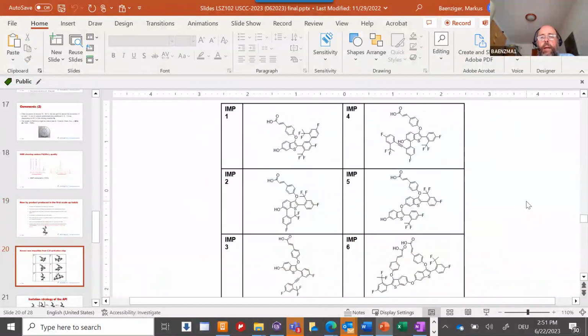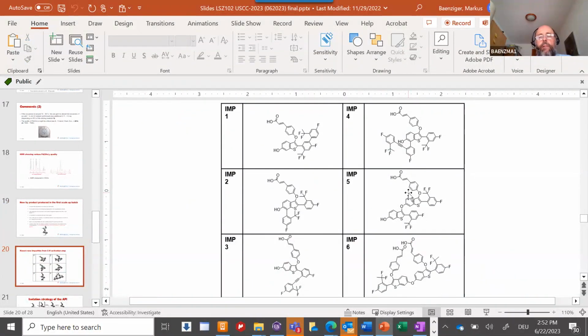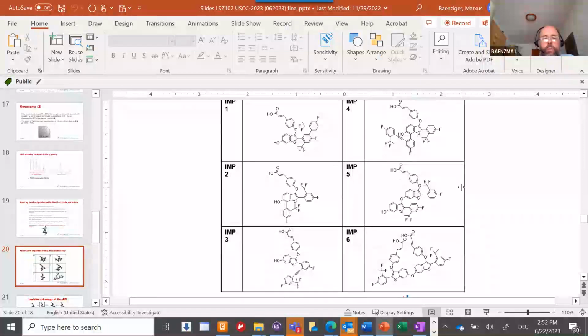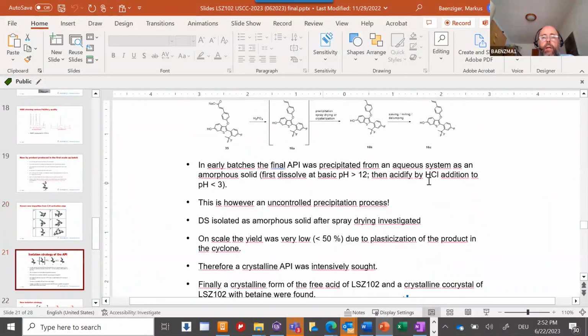We found several impurities in this step, but they could all be removed to uncritical levels, especially during these two crystallizations of the dicyclohexylamine salt and the monosodium salt. So they were all under control and were below 0.2 or 0.1% area percent in HPLC.